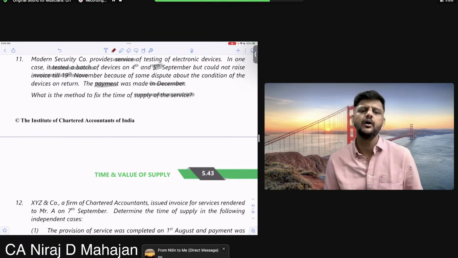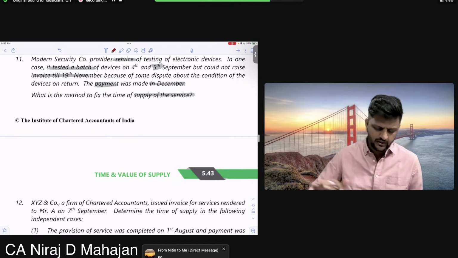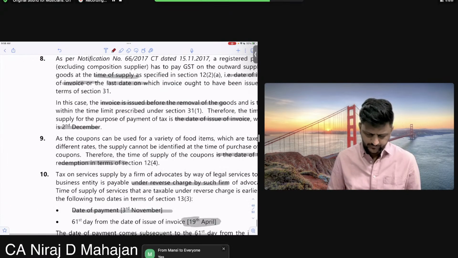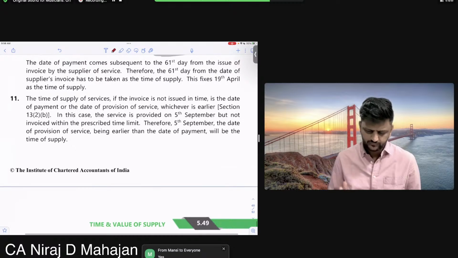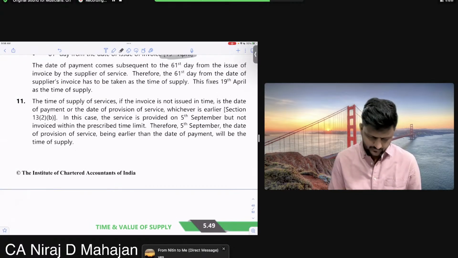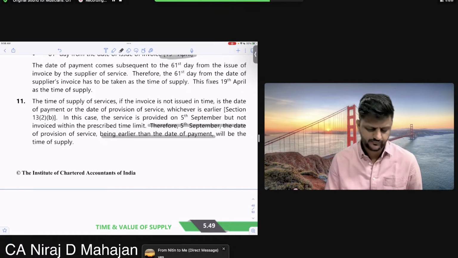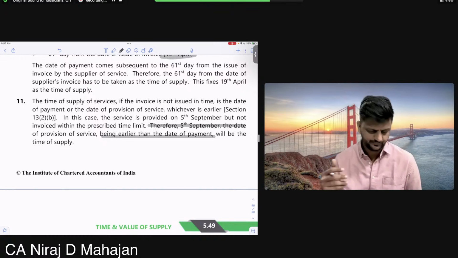That is 5th September or December, which is earlier? That is September, being earlier than the date of payment. Done now, all of you?